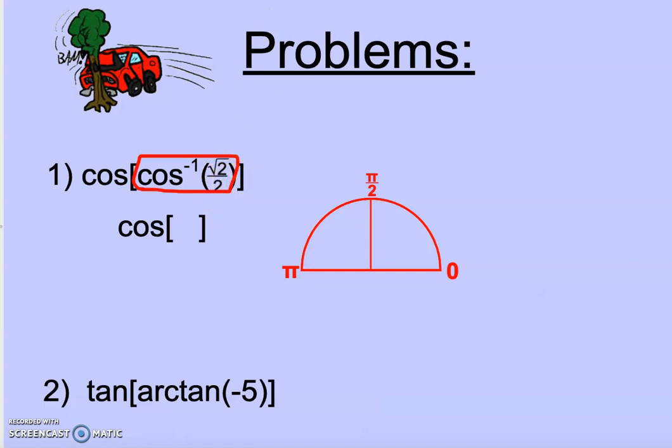Well, you know it's positive when you're in quadrant 1. And you know the cosine is radical 2 over 2 right here at this bisecting angle, right there. So what is that angle right there, this bisecting angle in quadrant 1? Well, it's pi fourths. So this entire red box, this inner function, simply becomes pi over 4.